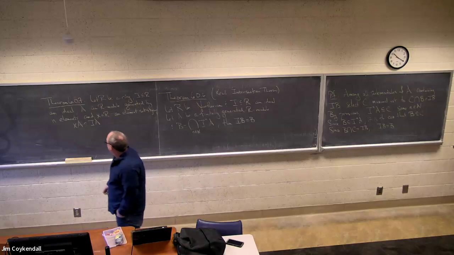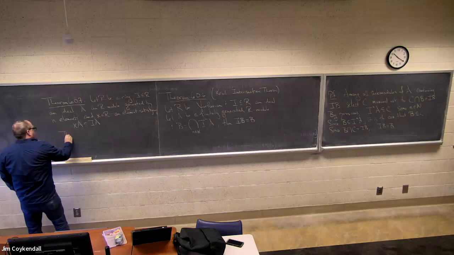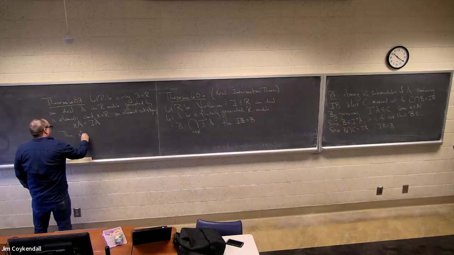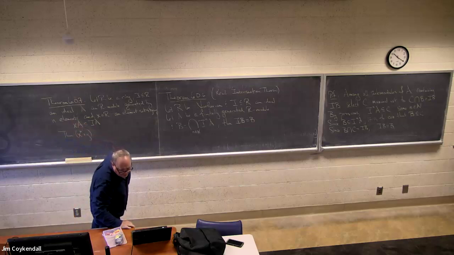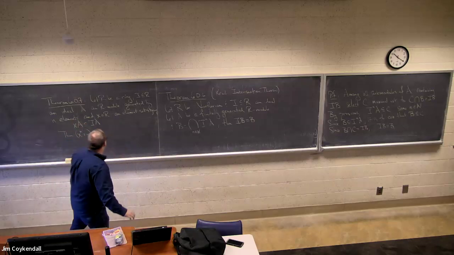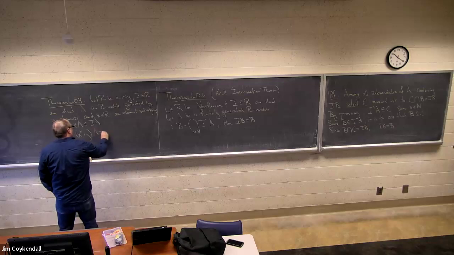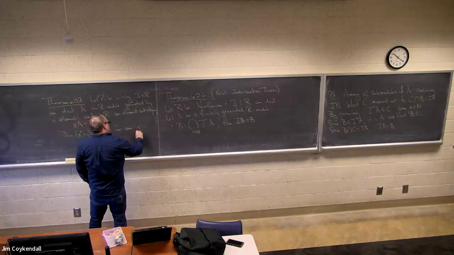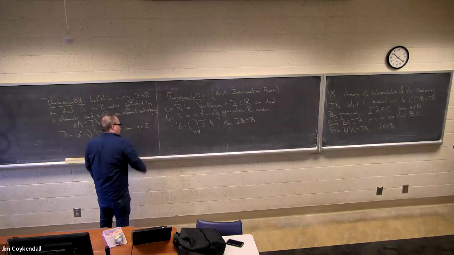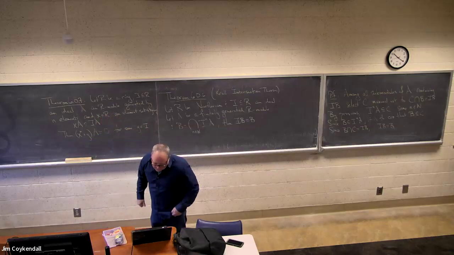Then x^n + y times A is equal to 0 for some y in I.